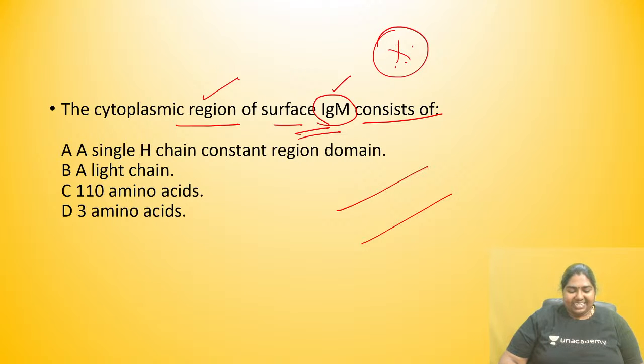Very, very tricky question, guys. I'll warn you, nobody gave the answer for this question. That is okay, you can learn. It is going to be just 3 amino acids.